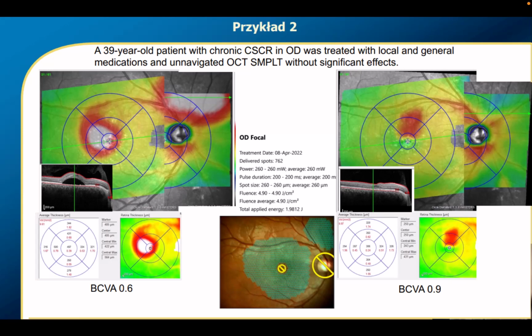Before therapy, the fluid was located in the foveal area and above the optic disc. 762 spots were delivered to the retina in the fluid area with 260 milliwatts laser power, achieving complete absorption over the optic disc and almost complete absorption in the foveal area, improving the visual acuity from 0.6 to 0.9.